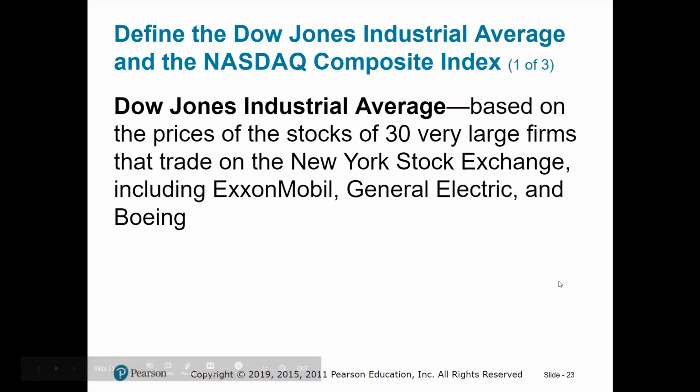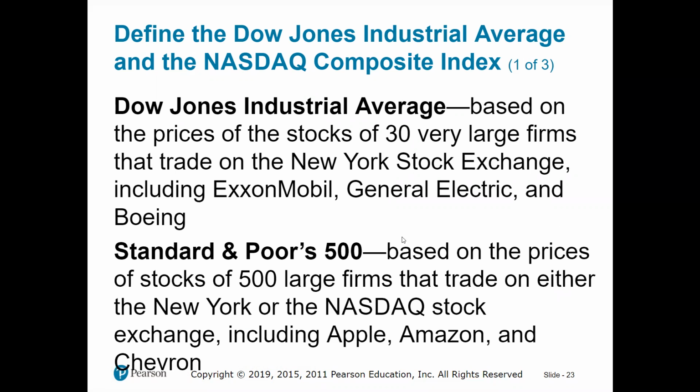So define the Dow Jones Industrial Average and the NASDAQ Composite Index. The Dow Jones Industrial Average is based on the prices of the stocks of 30 very large firms that trade on the New York Stock Exchange, including ExxonMobil, General Electric, and Boeing.